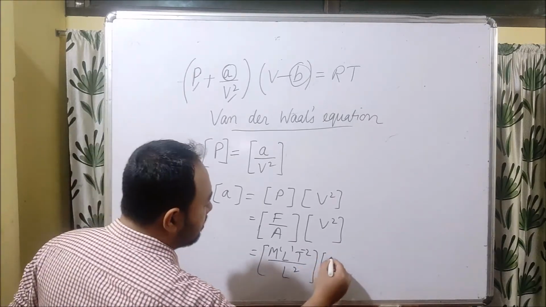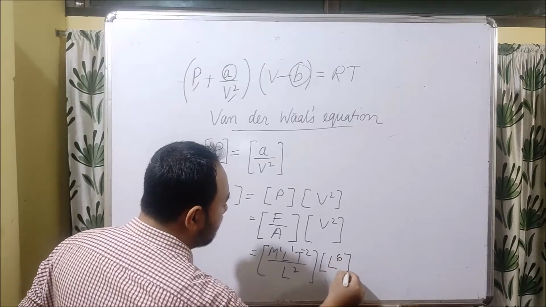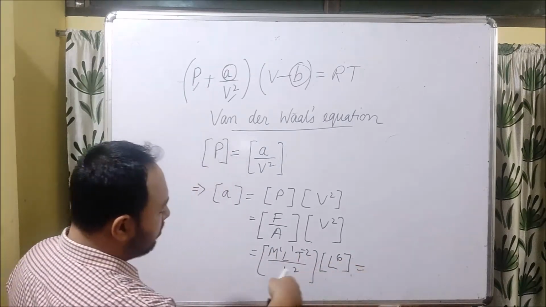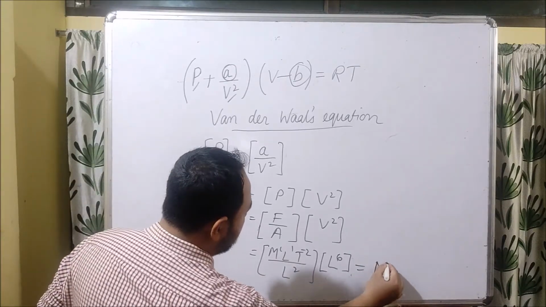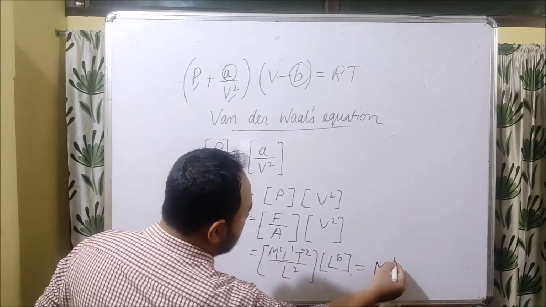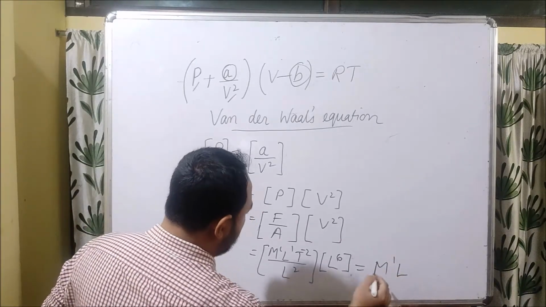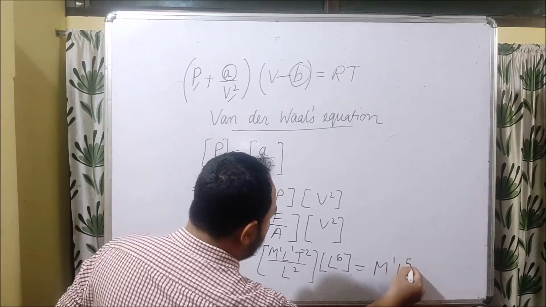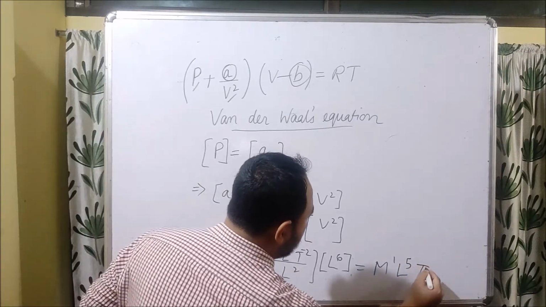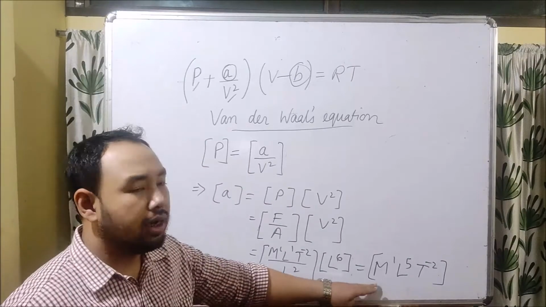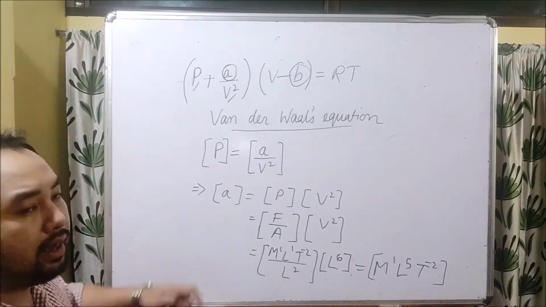L cube. So it will become L to the power 6. So if you calculate this, then you will find m to the power 1, then L will be 5, then T will be minus 2.